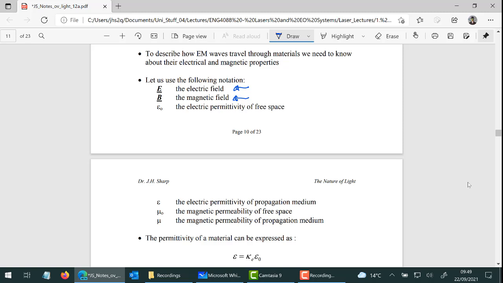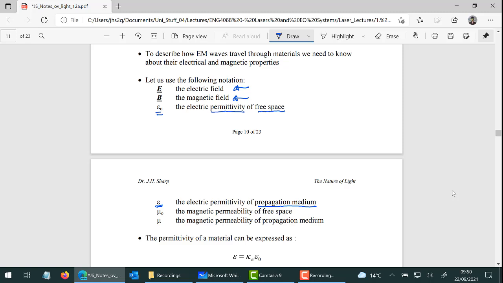So we have to think about the electric and magnetic properties. If it's travelling through a vacuum, then these are of free space, and that is given the symbol epsilon naught. That's the electric permittivity of free space. And if it's going through some material like air or water or glass, then we use epsilon, and that's the electric permittivity of that particular material.